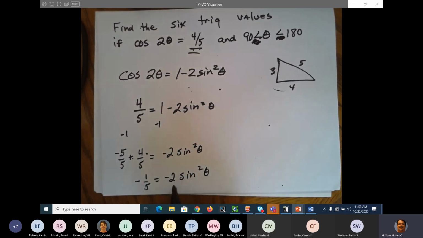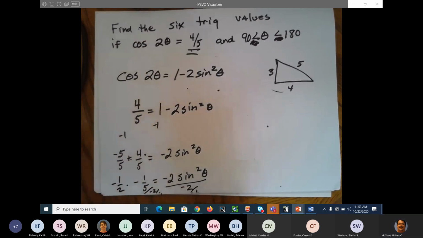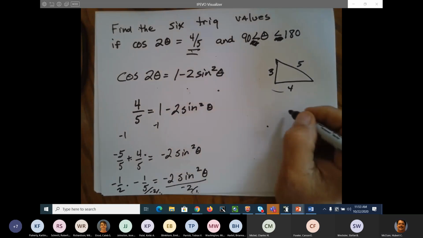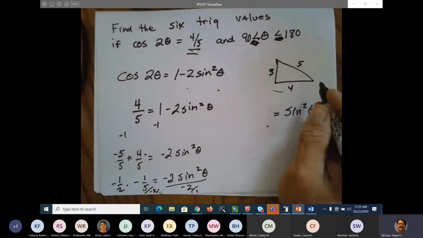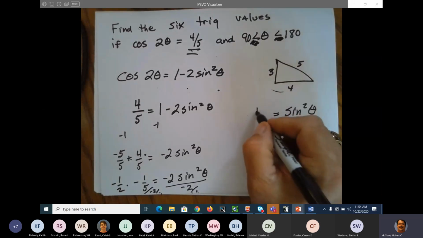Divide by negative 2 over 1, which means you're going to multiply by negative 1 over 2. So sine squared theta is equal to, well, that's going to be a positive 1/10.